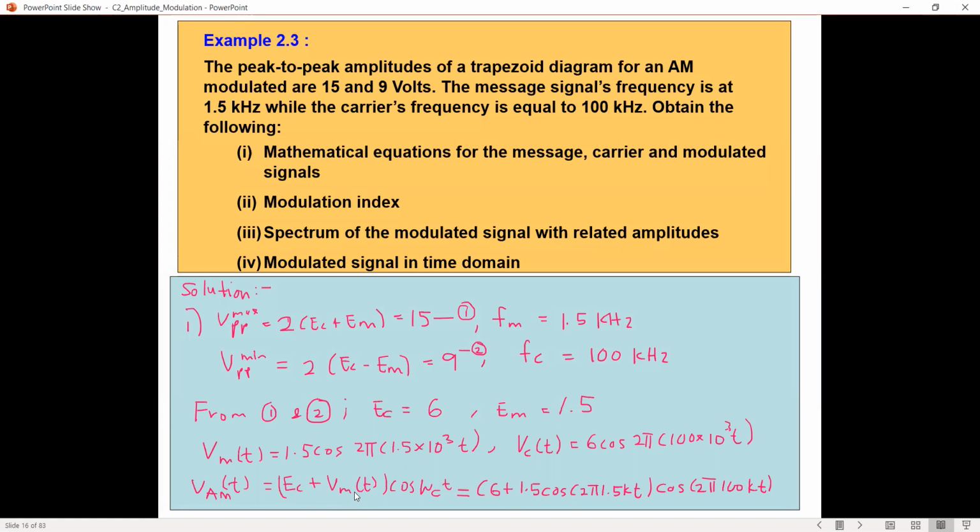That's why it's known as full AM. The frequency, the angle part, is not changed, but the amplitude is changed. So we just substitute all the values, EC and VMT, into this equation.